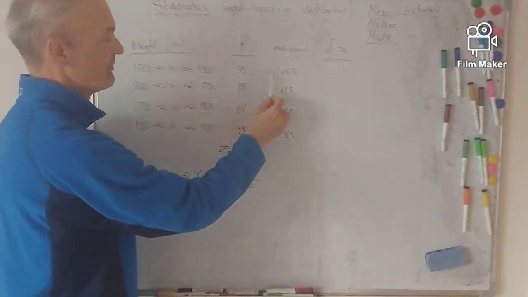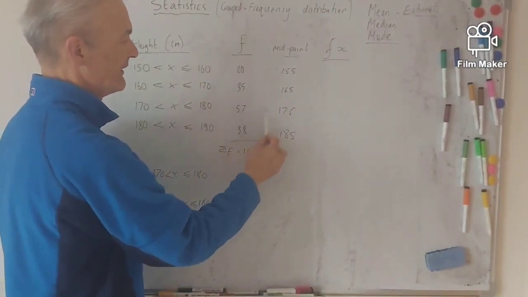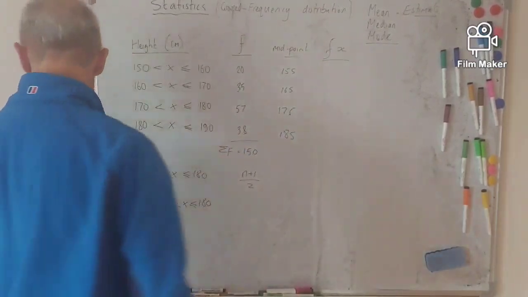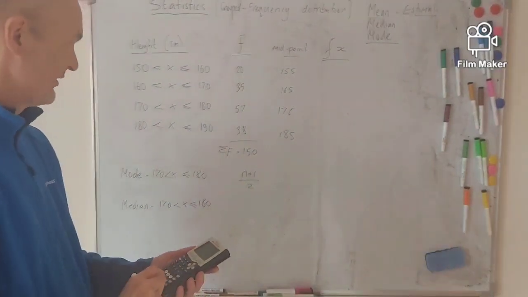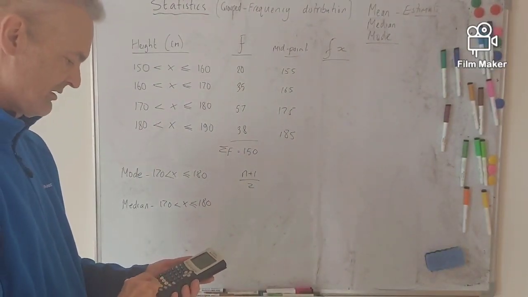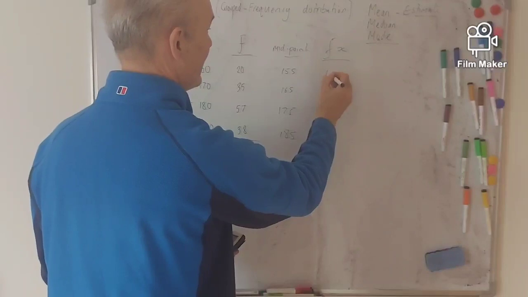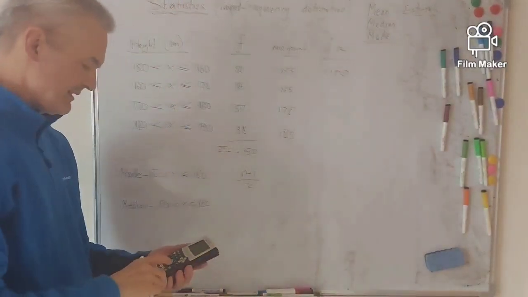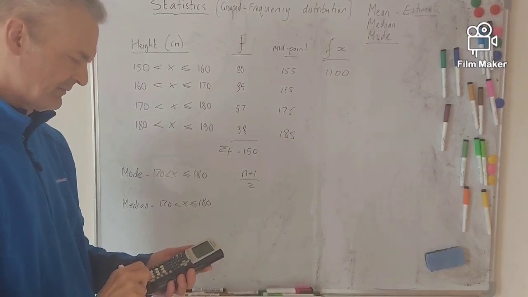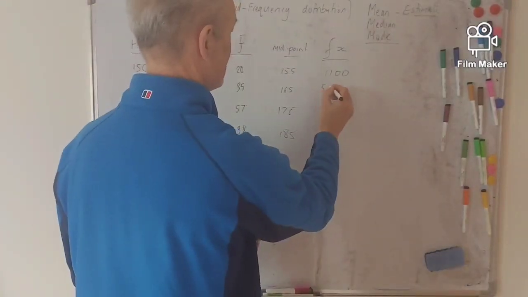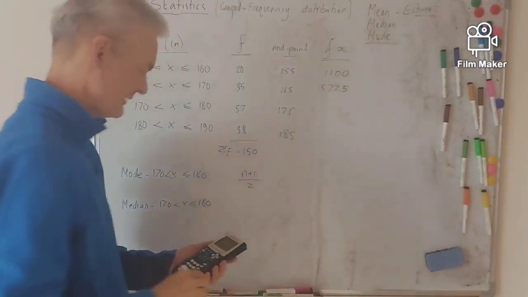So we can now just multiply these together to get our fx value, which is what I will do next. So we get that there, then that.